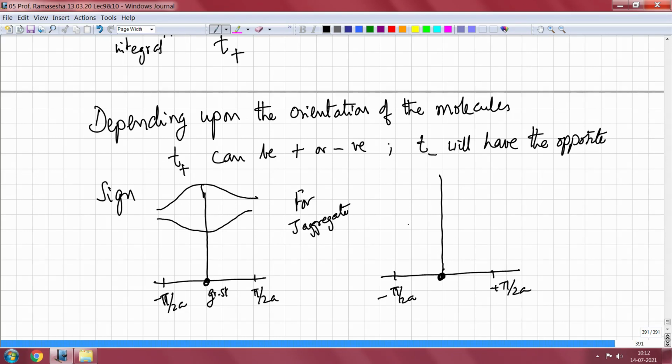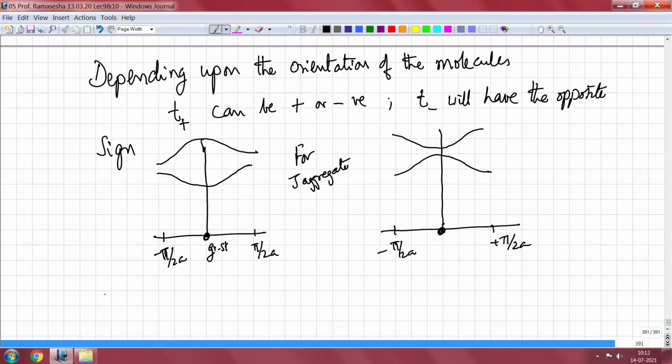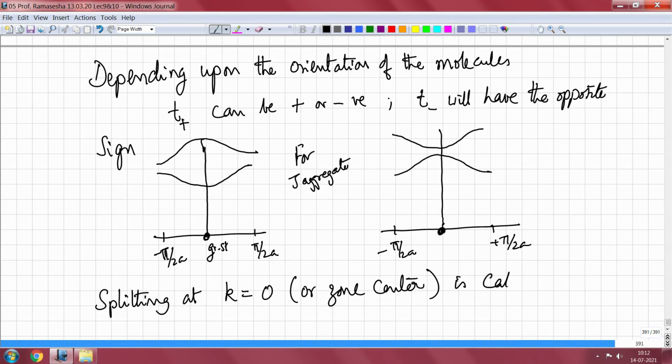And what I will have is something going like this. And the splitting at k equal to 0, or zone center, is called Davydov splitting.